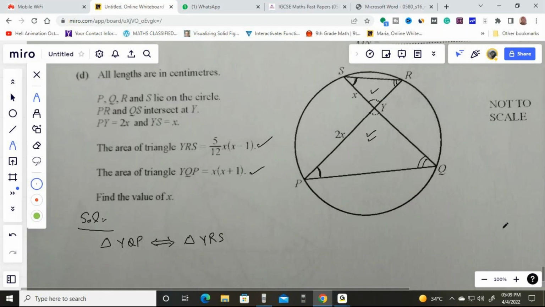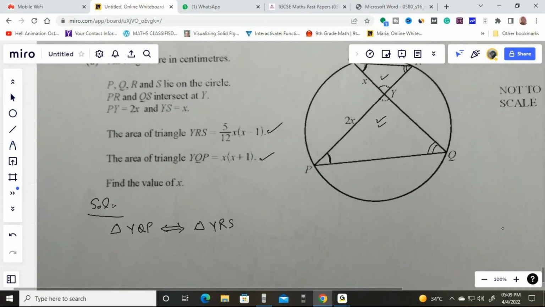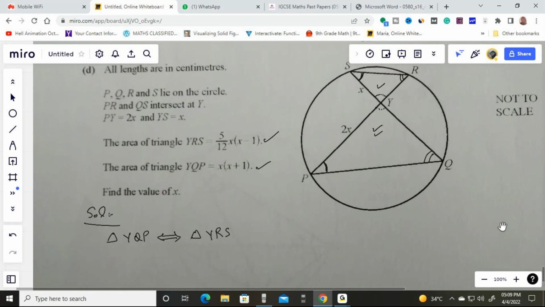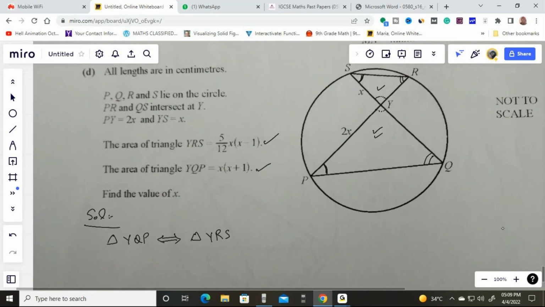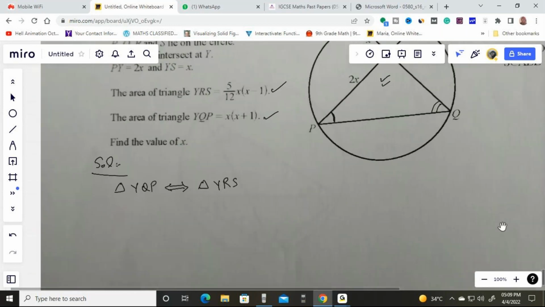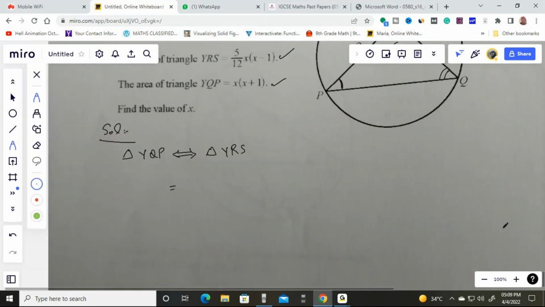So I'm taking the big triangle in the numerator and the small triangle in the denominator. So I say PY upon YS is the ratio of the corresponding lengths, and the square of the ratio of the corresponding lengths is equal to the ratio of the areas.